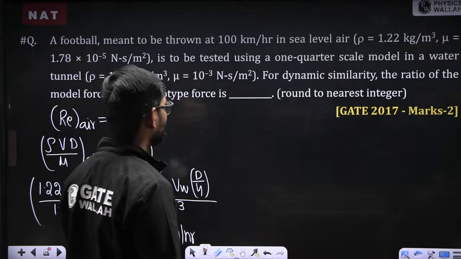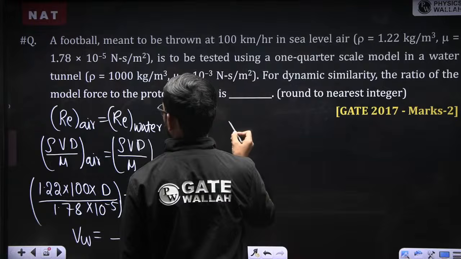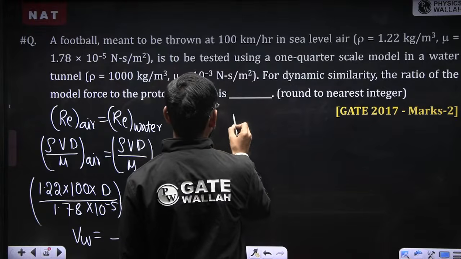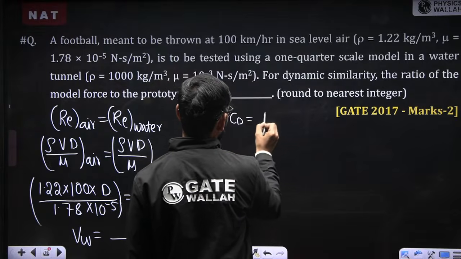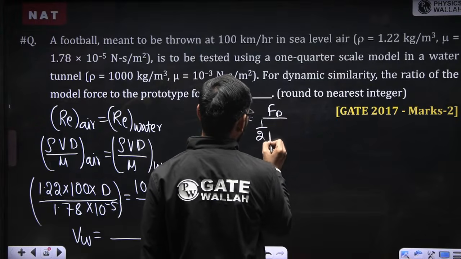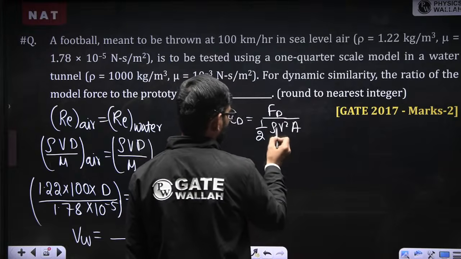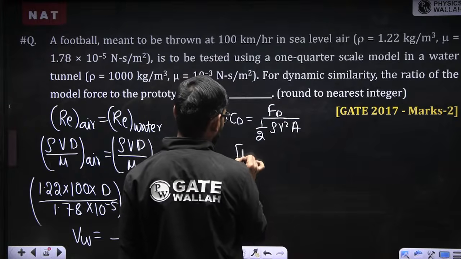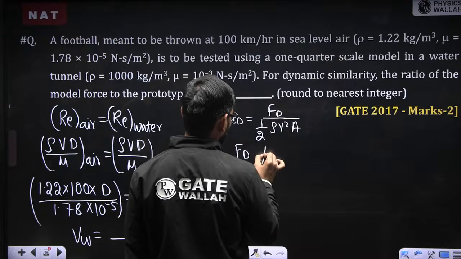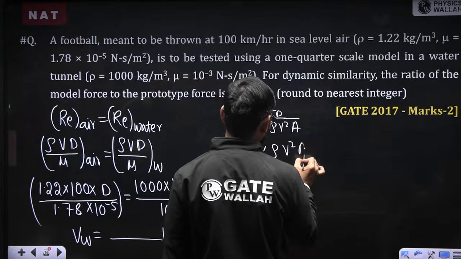Now we already know that CD, coefficient of drag, is equal to drag force by half rho V square A. So FD value will become proportional to rho V square A, right?